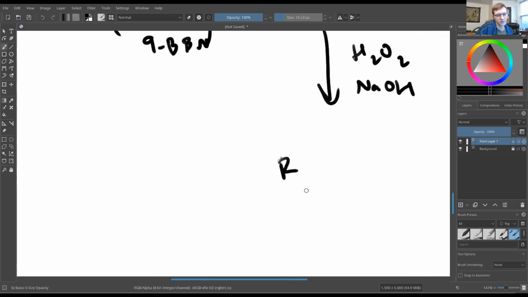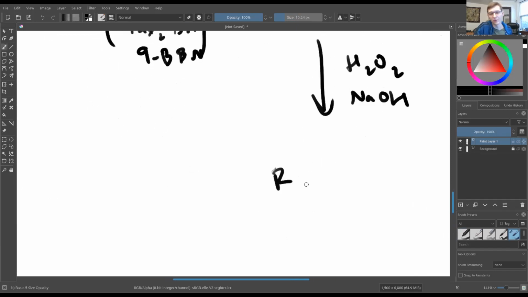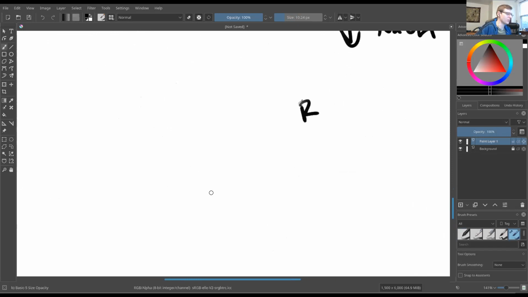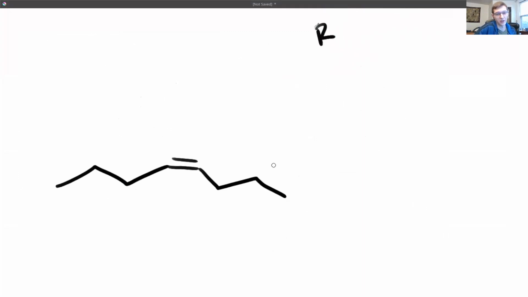So yeah, it can be messy. I should also mention there is a nice case where, for example, let's say that you have, I don't know, whatever, we'll make it look like this, something like this where it's symmetric.